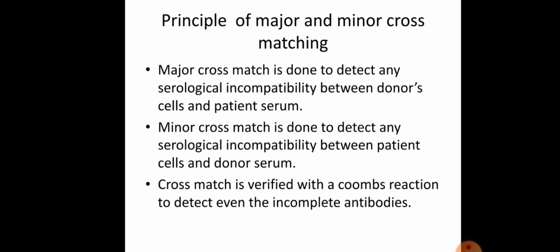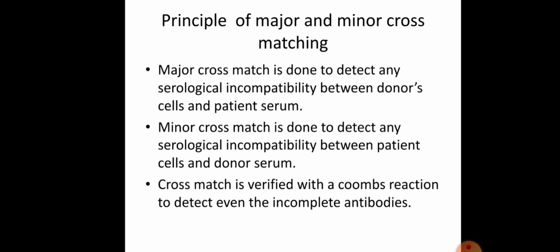So what is the principle? Major cross match is done to detect any serological incompatibility between donor's cells and patient serum, whereas the minor is to detect any serological incompatibility between patient cells and donor serum. Okay, cross match is verified with Coombs reaction to detect even incomplete antibodies. Okay, there are two types of antibodies, complete and incomplete.